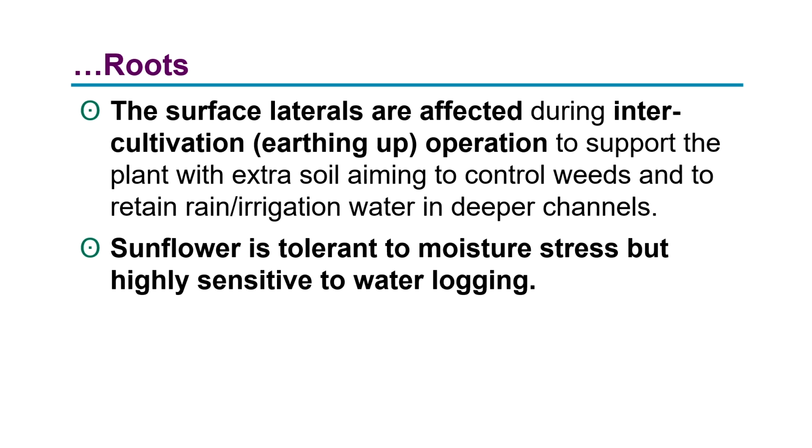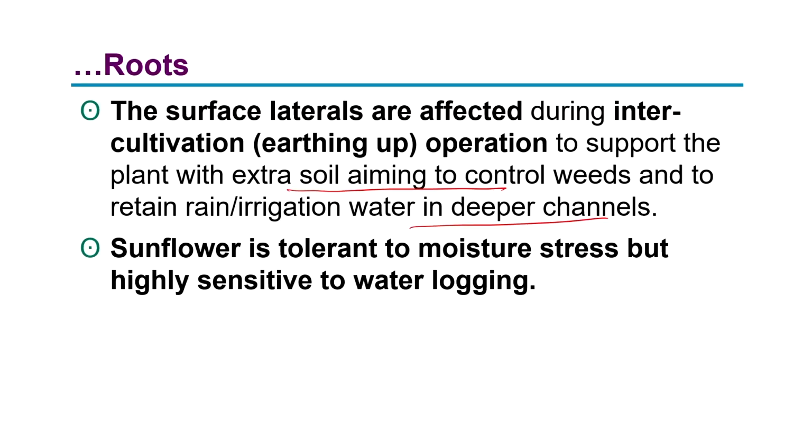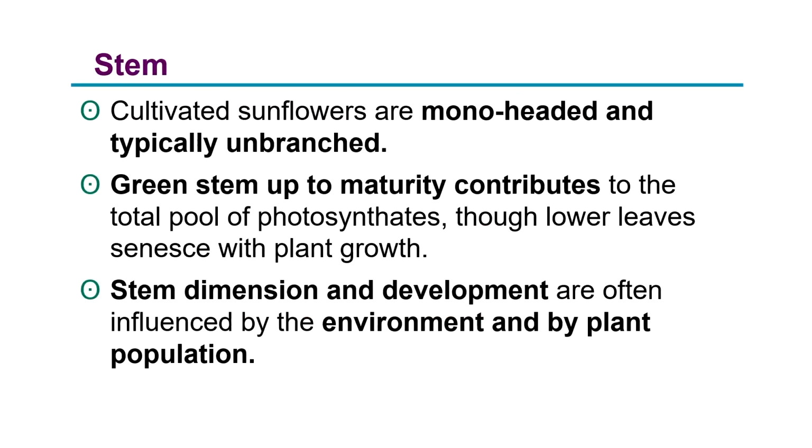This is another problem when you go for earthing up or tillage in between the rows to support the plant with extra soil, aiming to control weeds and to retain rain or irrigation water in deeper channels. If you are doing inter-row cultivation in this crop, it is likely that the surface roots will be damaged. Sunflower is tolerant to moisture stress but highly sensitive to water logging. Up to some extent it can tolerate moisture stress, but it is very susceptible to water logging.